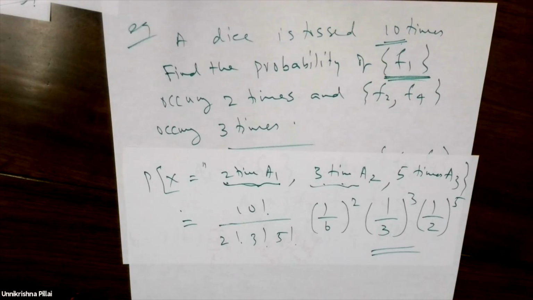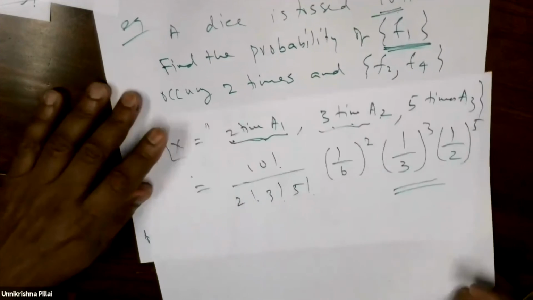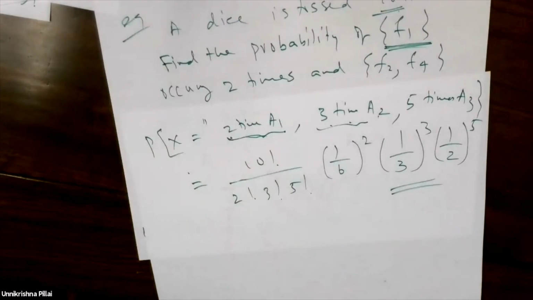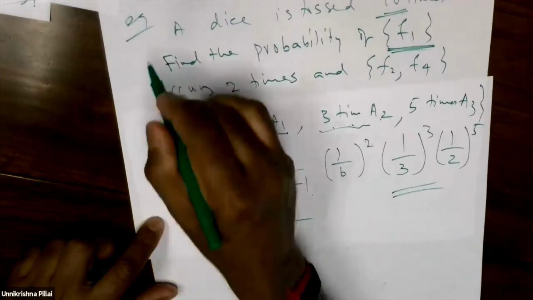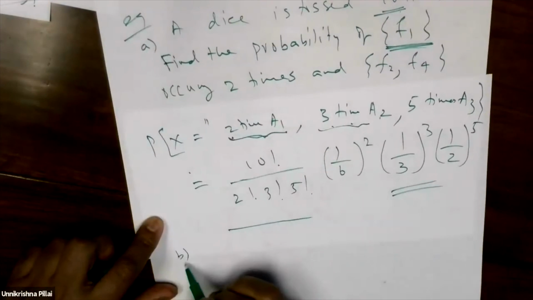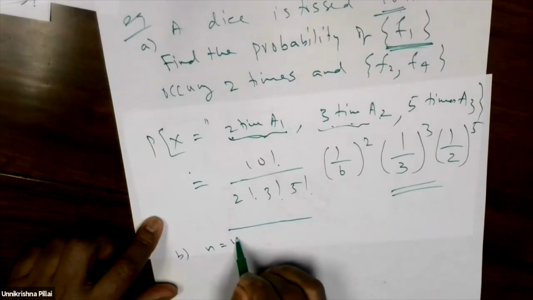So multinomial is, of course, the same problem. Let's look at the same problem. A dice is tossed 10 times. So let's say this is part A. Part B is the same. A dice is tossed 10 times.